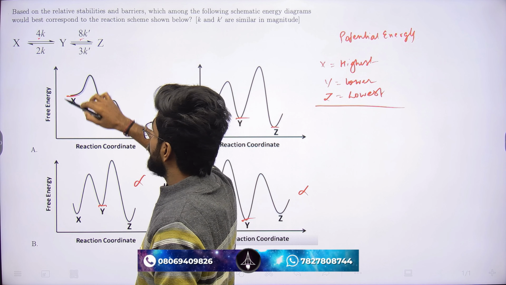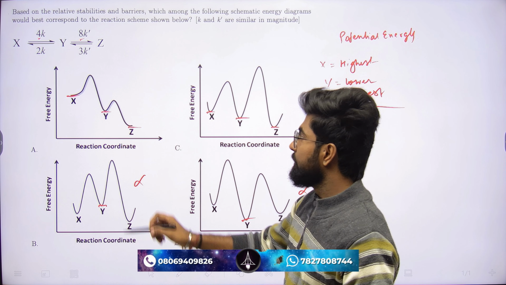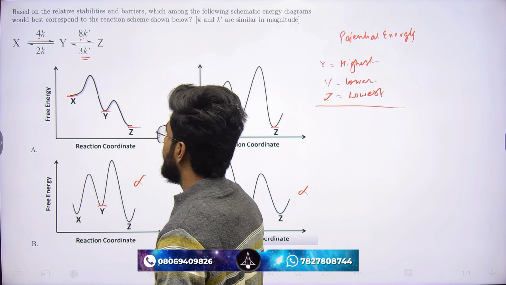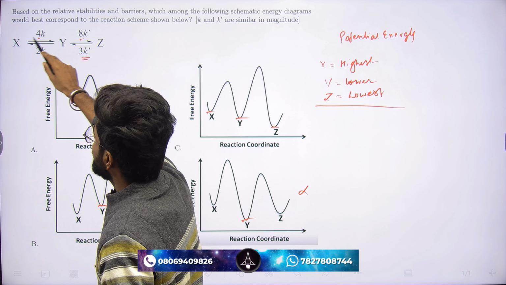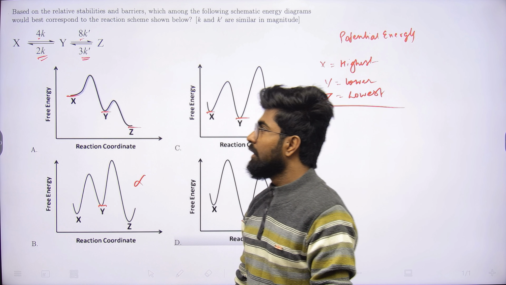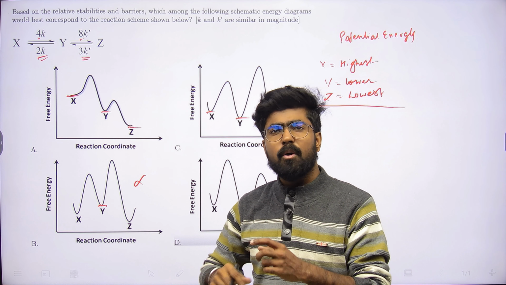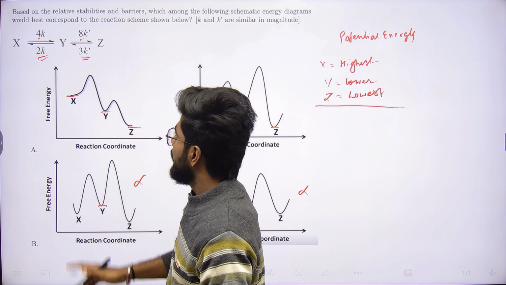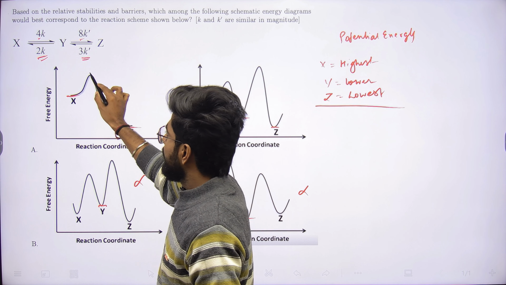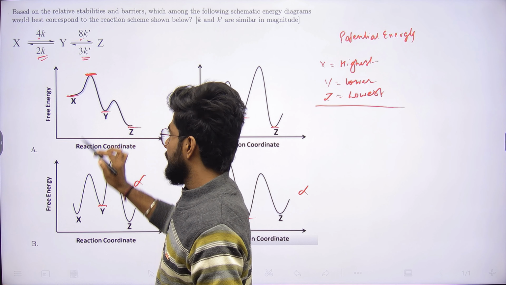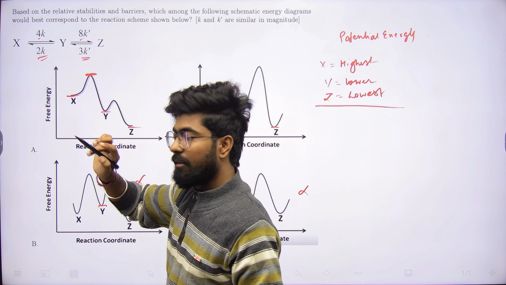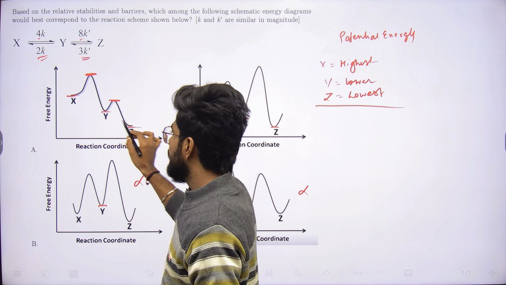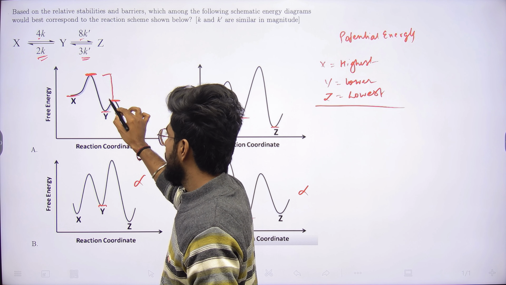Now we will go backwards. See, Z to Y, the backward reaction is 3 times the K, and Y to X is 2 times. Or actually, I am just about to tell you a way simpler approach than this. You need not even go backwards. If you just look at this, the transition state that forms between X and Y and the transition state that forms between Y and Z have a significant energy gap.